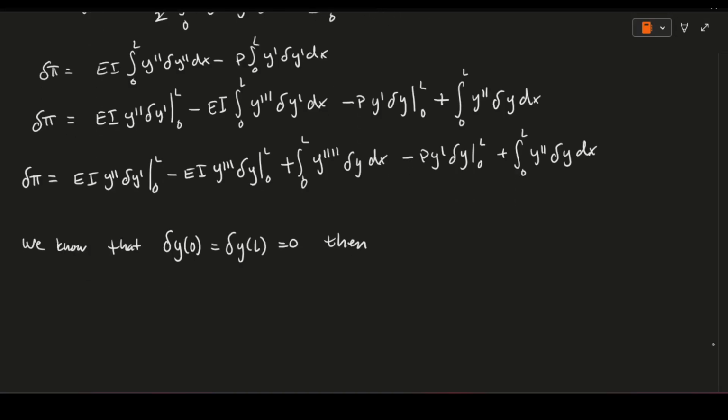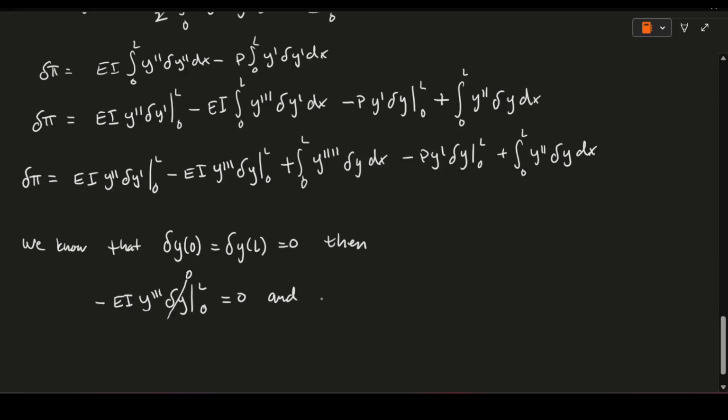Then minus EI y prime prime prime del y from 0 to L is 0, so this part is 0 because of the boundary conditions.